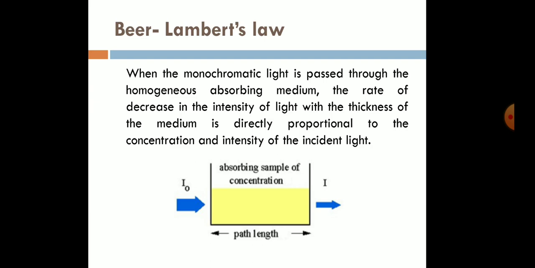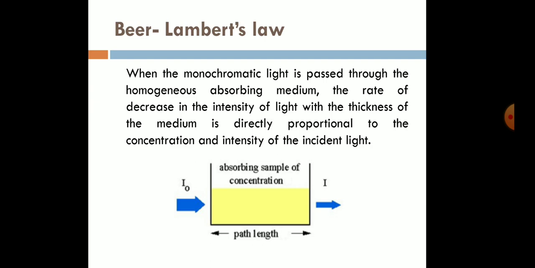Now what we see here is a cell containing the solution, and that is termed the absorbing sample of certain concentration. From this solution, the incident light, or light having the intensity I naught, is passed. The path length of this sample is, let us say, x centimeter, and through this x centimeter the I naught is passing.